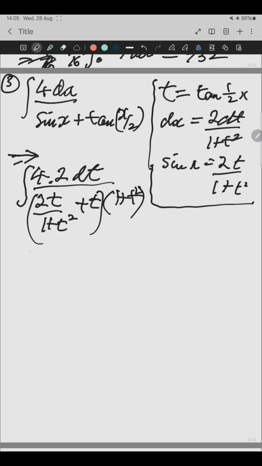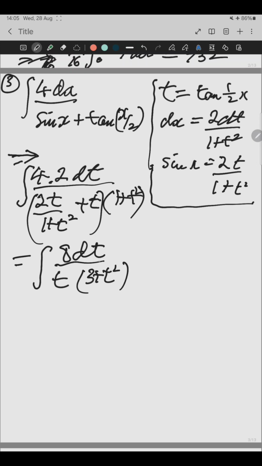A bit untidy. Anyway, that simplifies quite easily to 8 dt over t times 3 plus t squared.